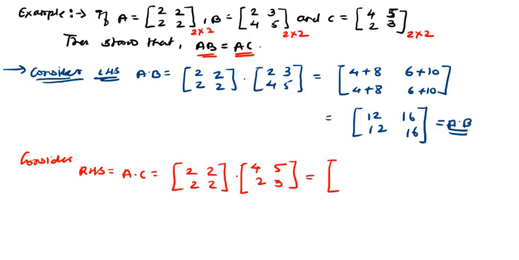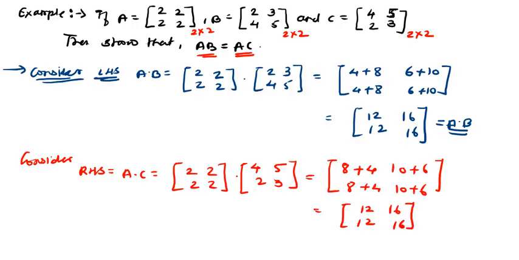This will be 4 into 2 is 8 plus 4, then this will be 10 plus 6. Then 4 into 2 again is 8 plus 4, then this will be 10 plus 6, which is again 12 12 16 16. Which is the matrix A into C.